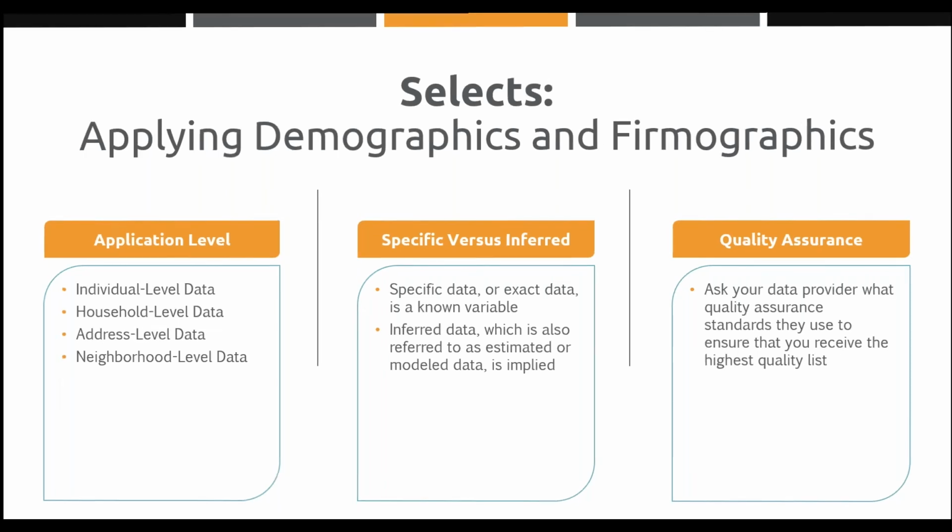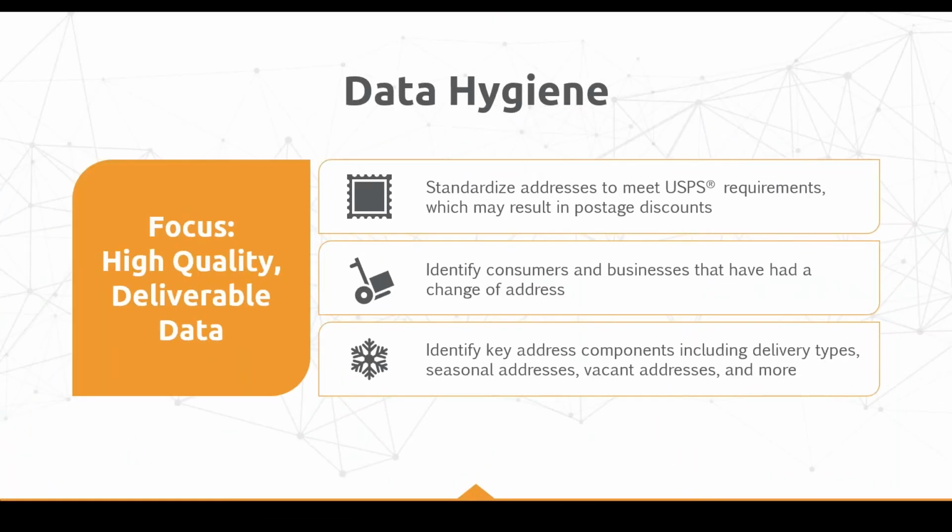So we're going to talk a little bit more about what that hygiene means. When we talk about quality and deliverable data, specifically for your direct mail campaigns, you want to make sure that whatever provider you're working with is giving you information that is standardized to meet the USPS requirements, because that's going to provide you with postal discounts and save you on your mailing.